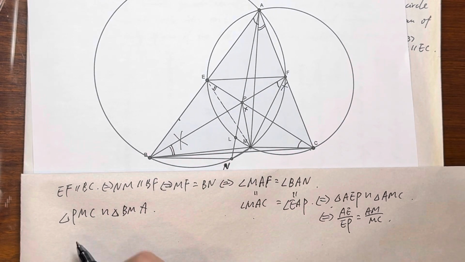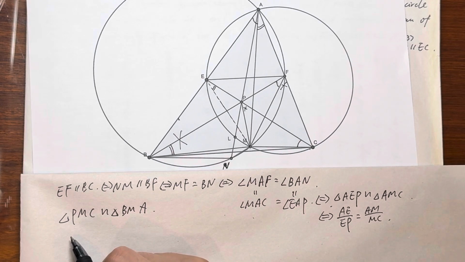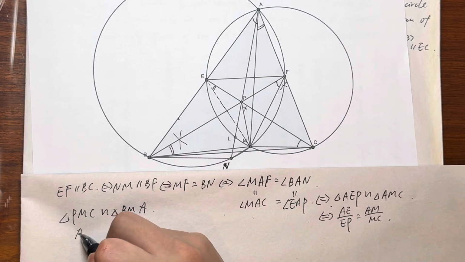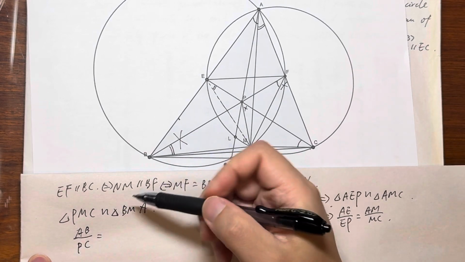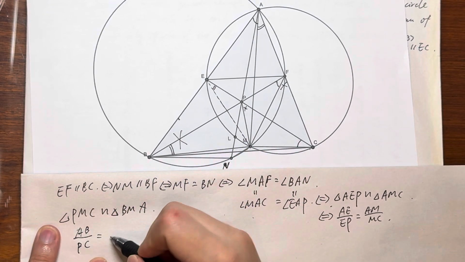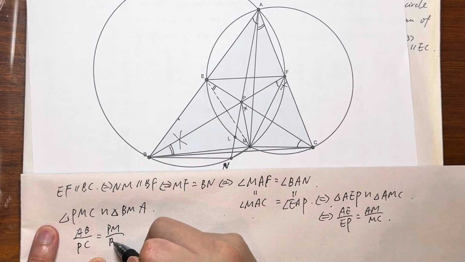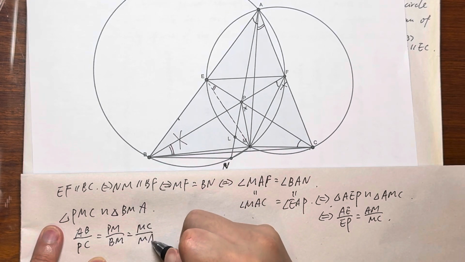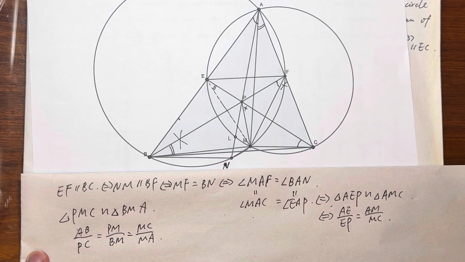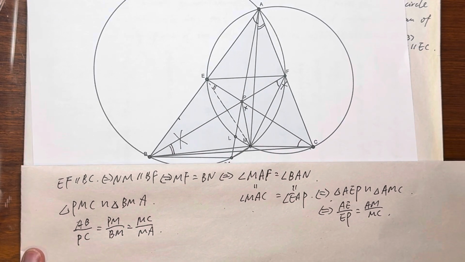Based on this, we can get that AB to PC equals PM to BM equals MC to MA.